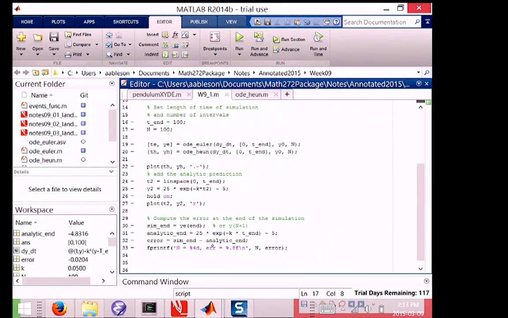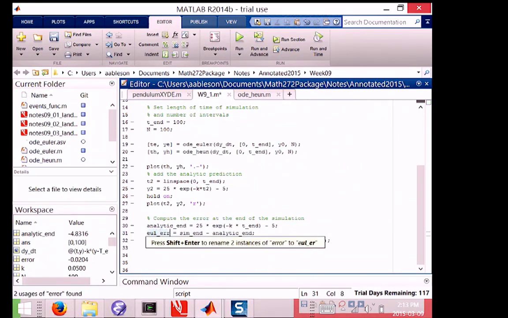And so what we can do here is beef up our error summaries, and say Euler's method error and Heun's method error. And we just need to say what these things are. All right, so I'm going to simplify this a little bit now. We've got the analytic end. Let's call it Euler's error is y Euler end minus the analytical.